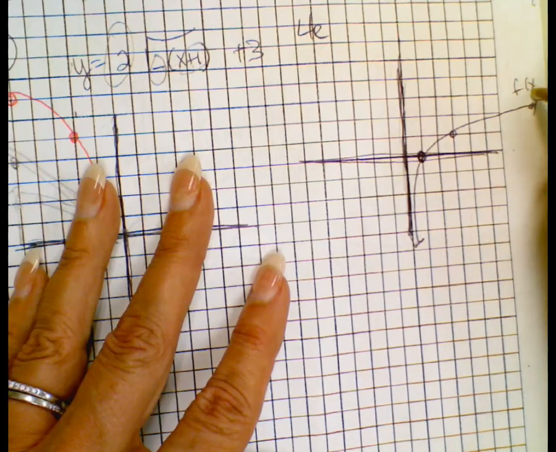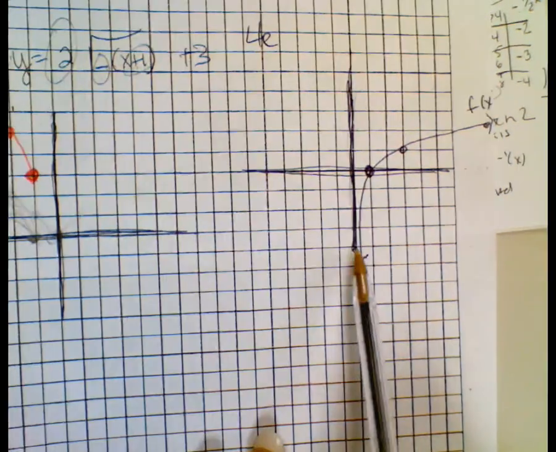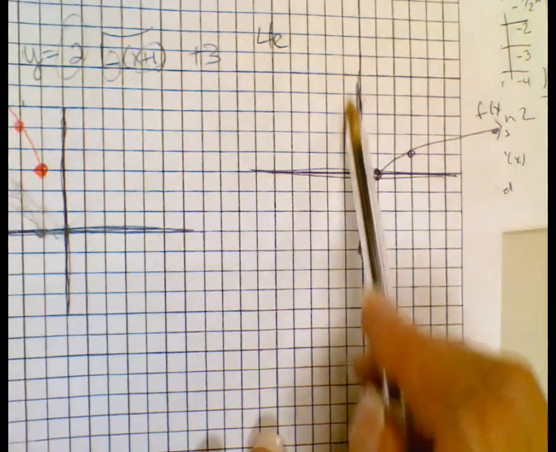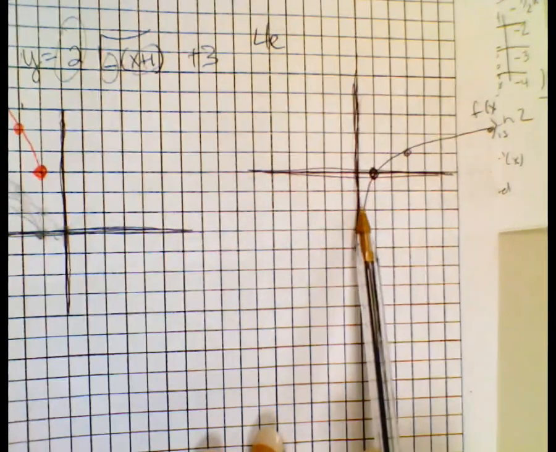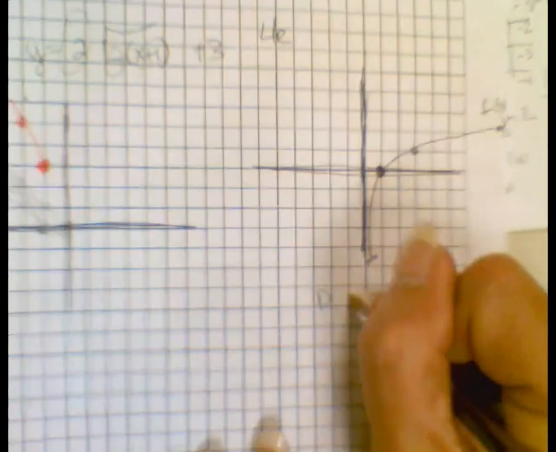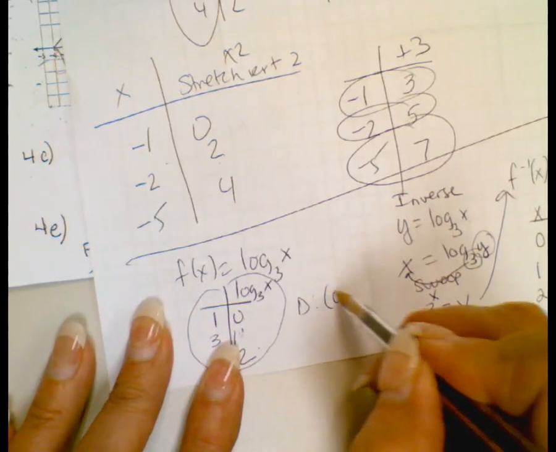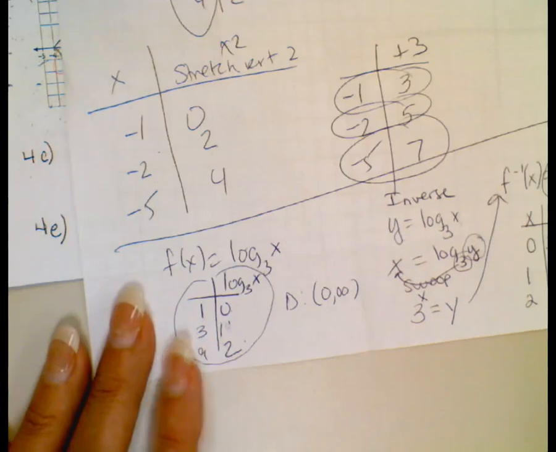I want you to write f of x right here. What is the domain of this? Since there's an asymptote right here, it's going to be all the x's greater than 0. So your domain is all the x's greater than 0. What's the best way of writing that? Your domain would be 0 to infinity.